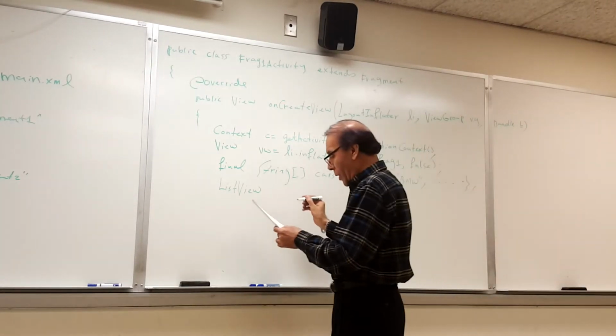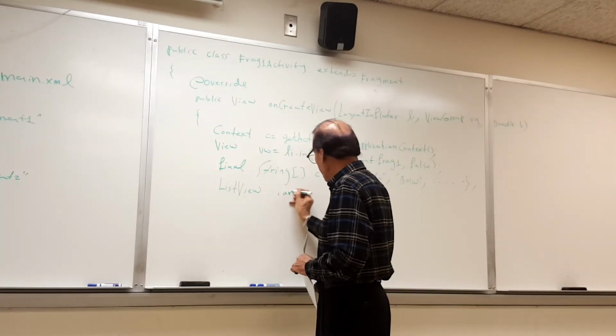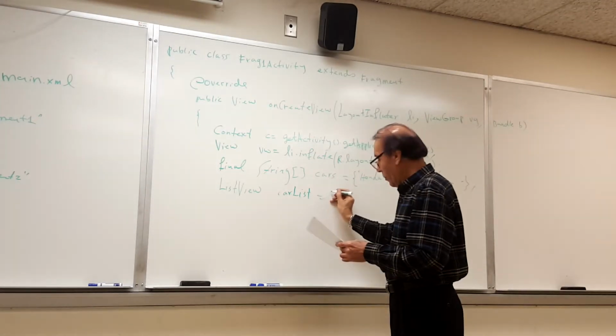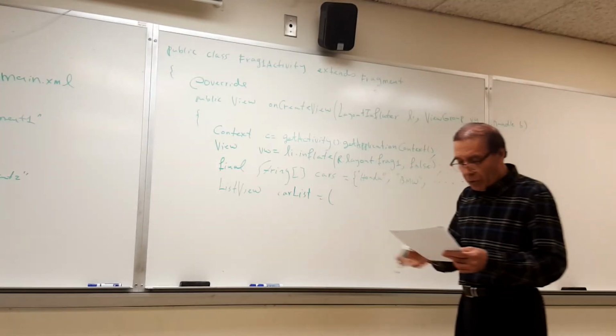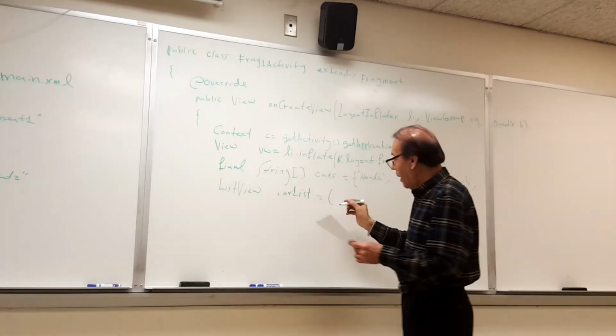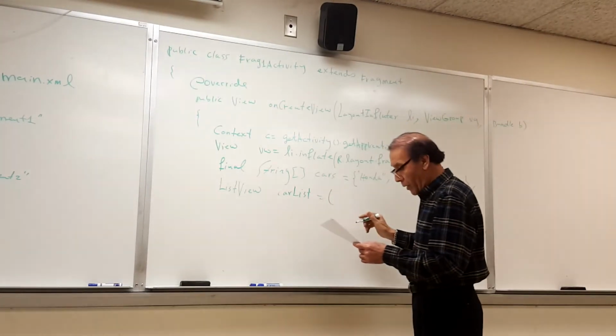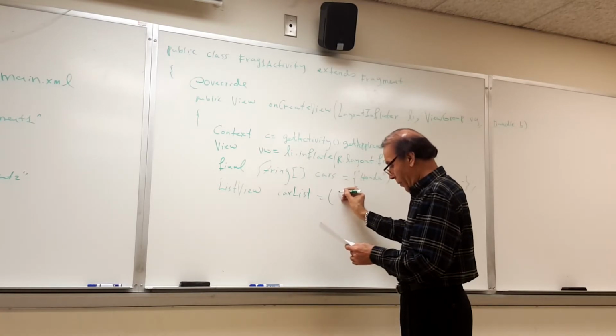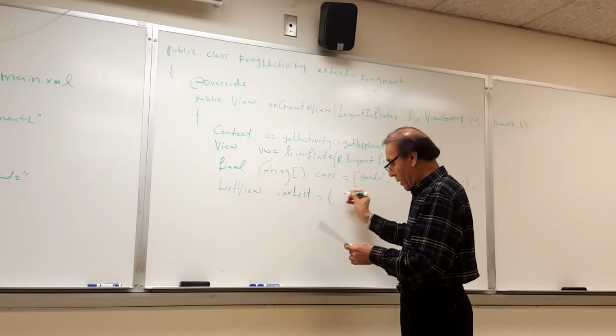ListView carsList equals... Now we do the same, very simple, creating the object of the list view. Let's cast it.